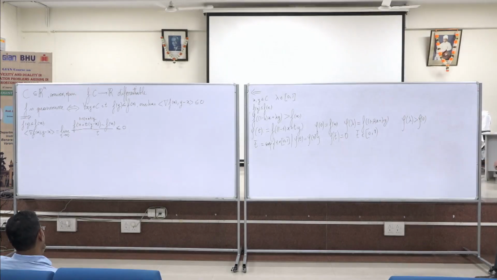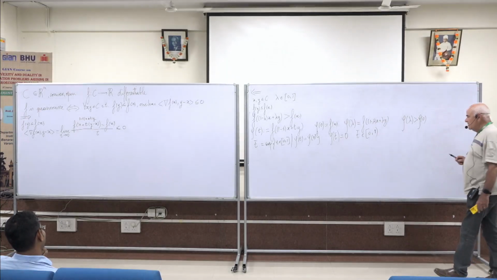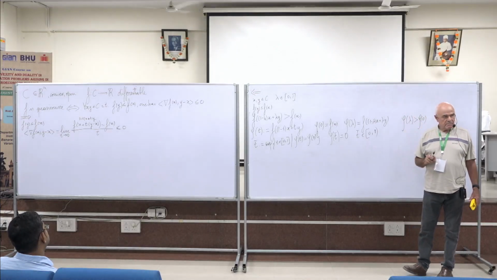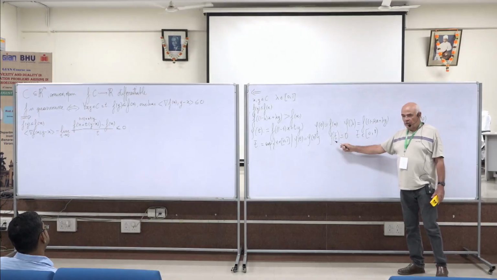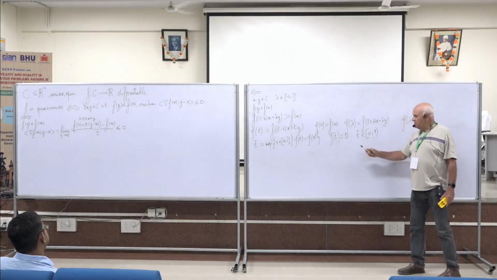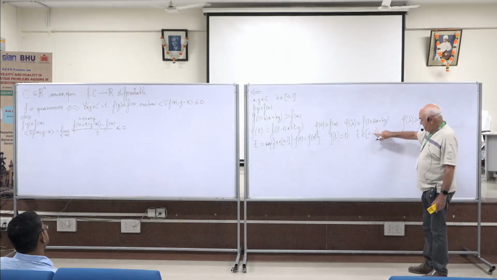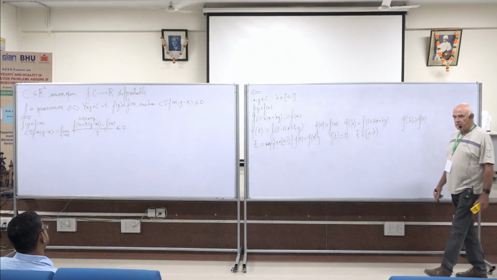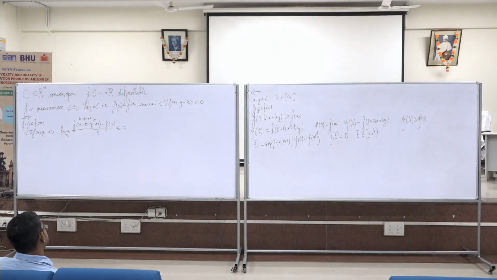Okay. Now, I apply the mean value theorem for phi in the interval. Sorry, this is correct, but it's also more correct if I write lambda instead of 1. Okay?